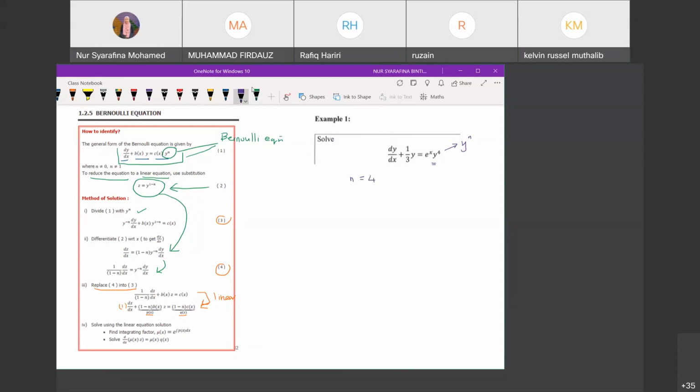Identify your n first, n equals 4. Second step, divide by y^n. So here we have y^(-4) dy/dx plus 1/3 y^(1-4) = e^x, which is y^(-3).